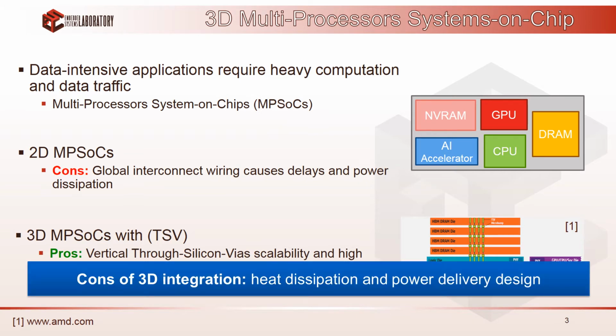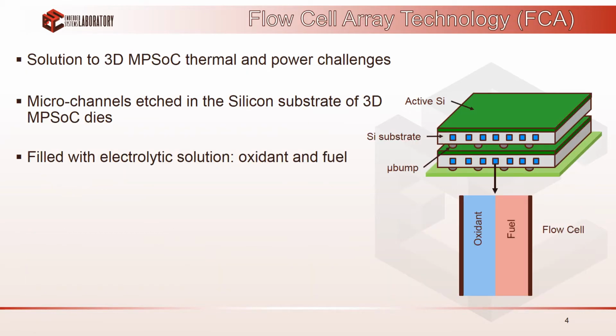However, 3D integration is limited by heat dissipation due to higher power densities and also by the additional complexity of power delivery. In this context, as a solution to these challenges, we propose to use the flow cell array technology, or FCAs.